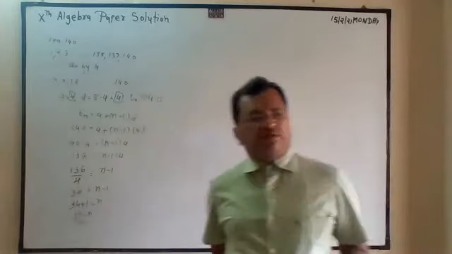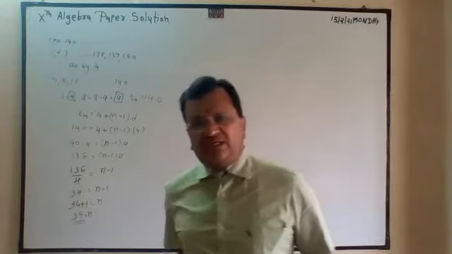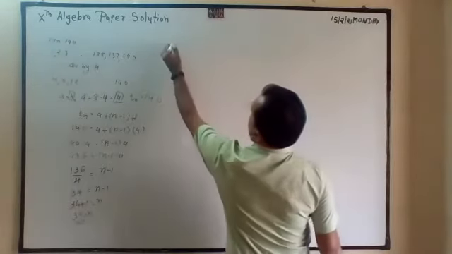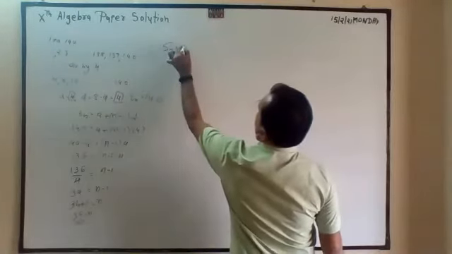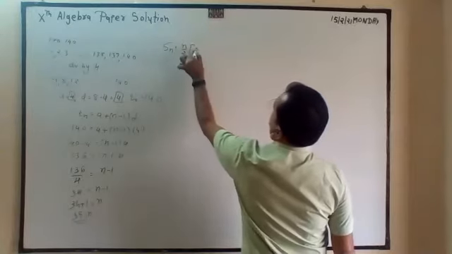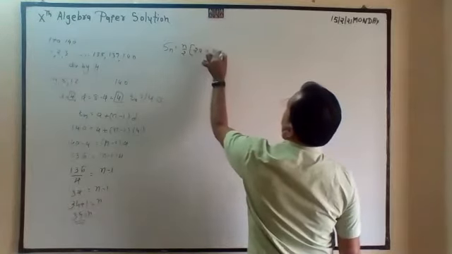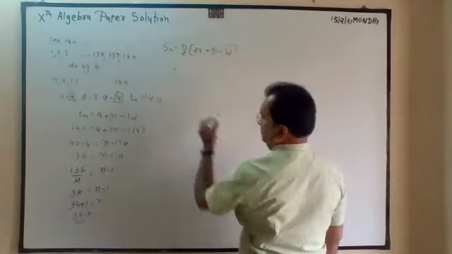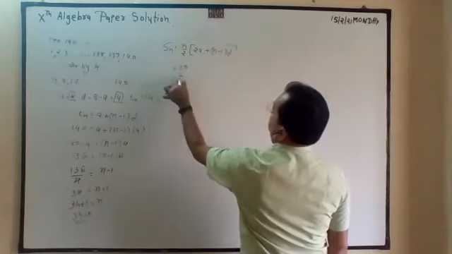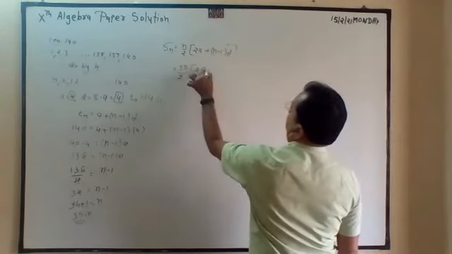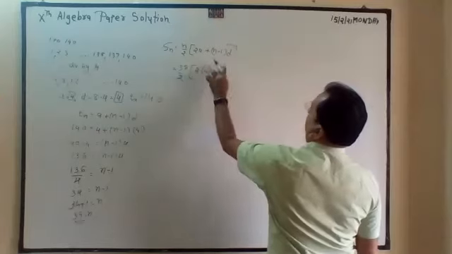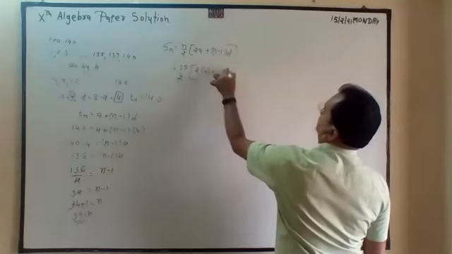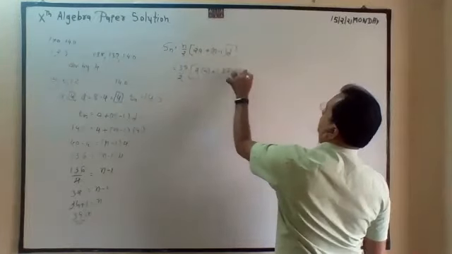Now we have to find out Sn. n by 2 times 2a plus n minus 1 times d.